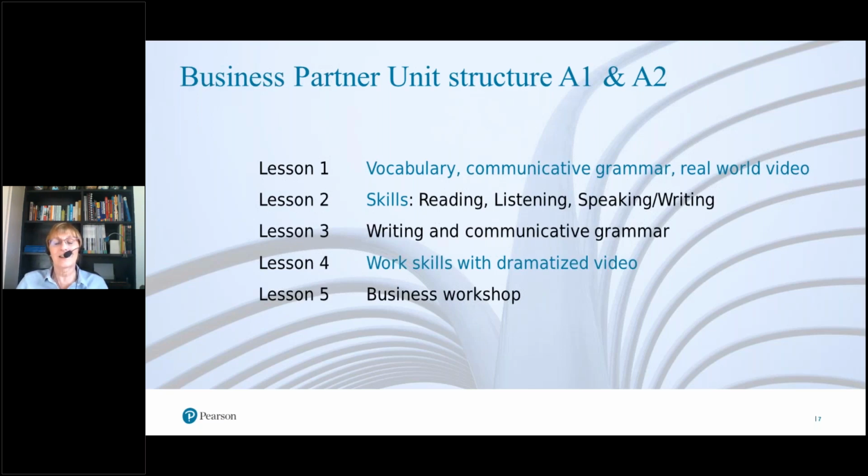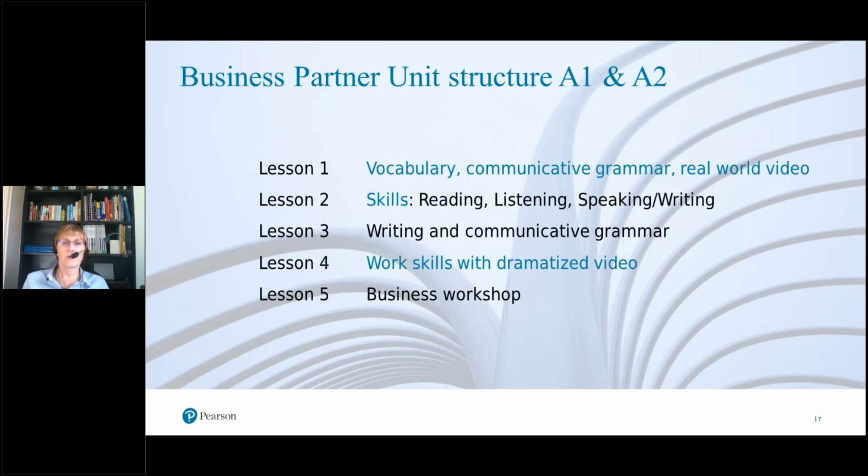Whereas in the other levels, Business Partner is completely modular, you can do the lessons in any order you like, you can do the units in any order that you like, and nothing is dependent on anything that's gone before or comes afterwards. This is not the case in Business Partner at A1 and A2 level, for obvious reasons. As a teacher of low-level students, you would know that wouldn't work very well. In fact, probably wouldn't work at all.